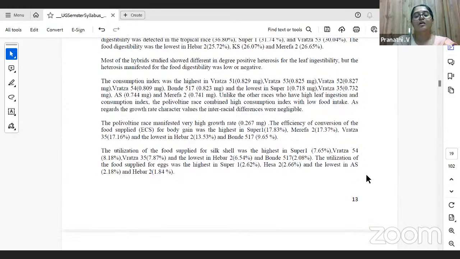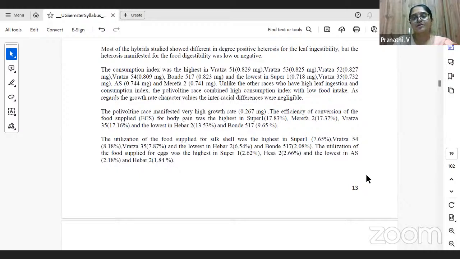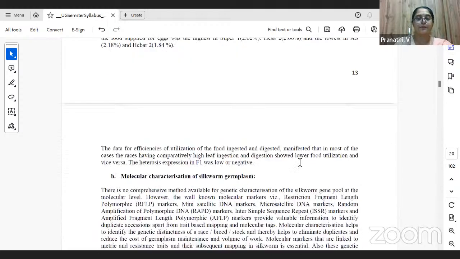Now, all this food has to be utilized so that good quality silk filament is produced. The utilization of the food supplied for the silk shell was highest in Super 1, Ratsa, and lowest in Hebar 2. Utilization of the food supplied for the eggs was the highest in Super 1, Hesa 2, and lowest in AS and Hebar 2.